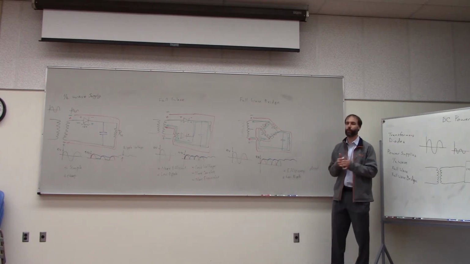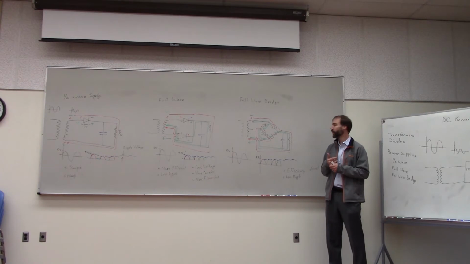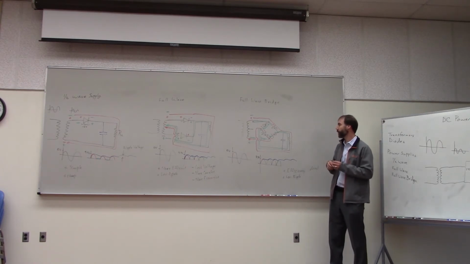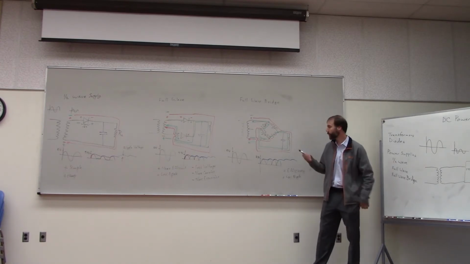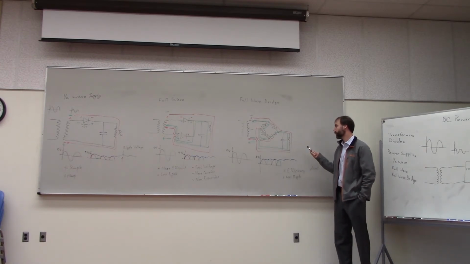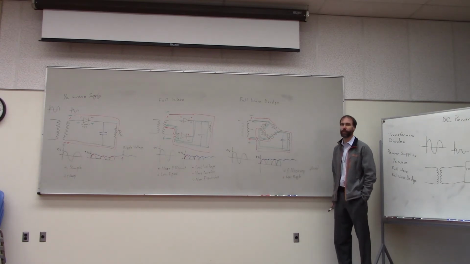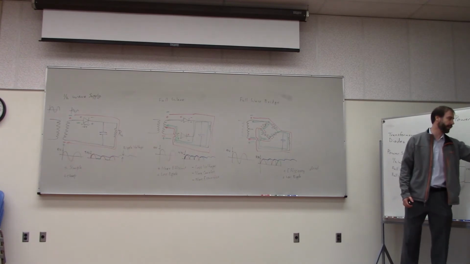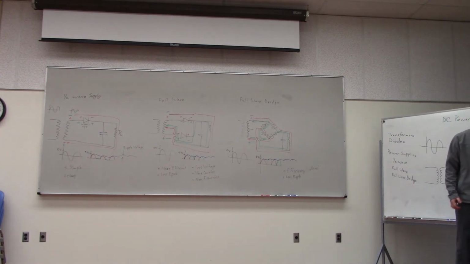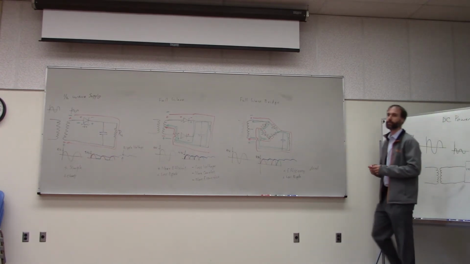When you are building higher precision electronics, you need a nice, smooth DC output, and you're willing to spend a little bit more money than you would on the half-wave supply. So I would say most electronics these days use the full-wave bridge rectifier, often with a switch mode regulator at the end to put that nice final smoothing on the DC signal.